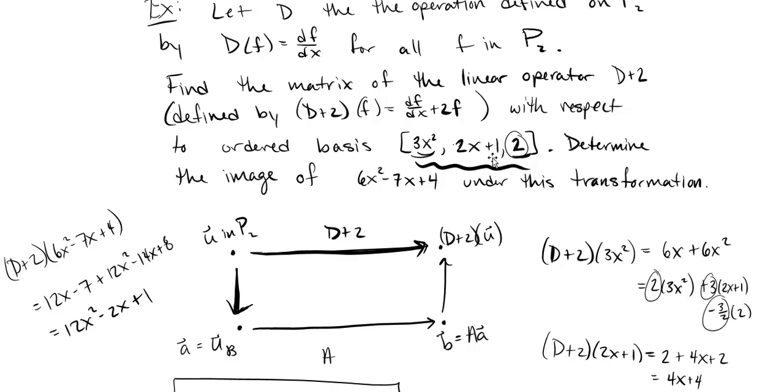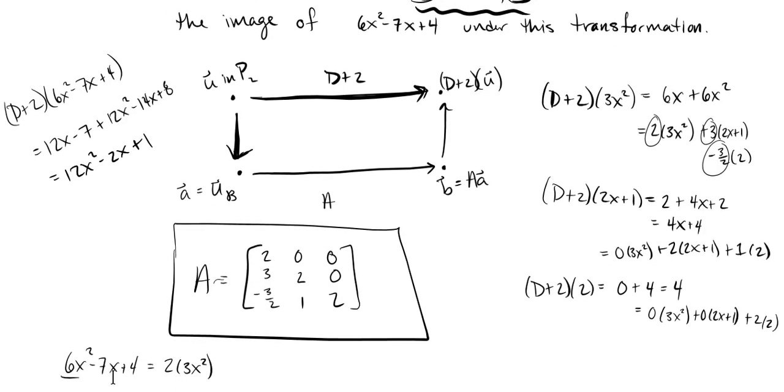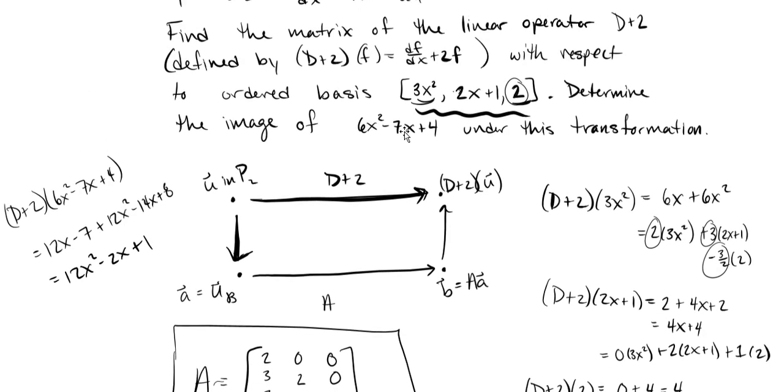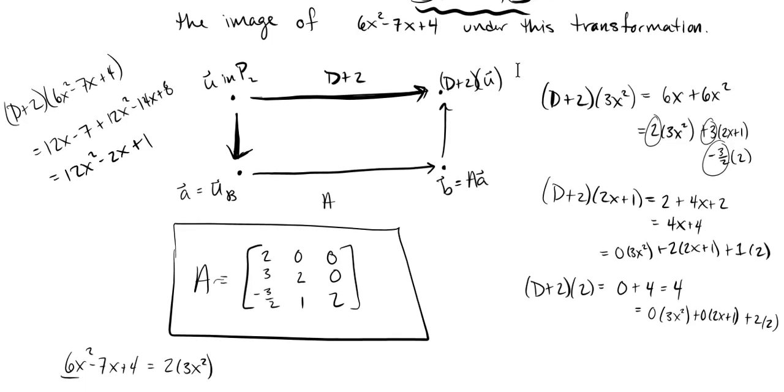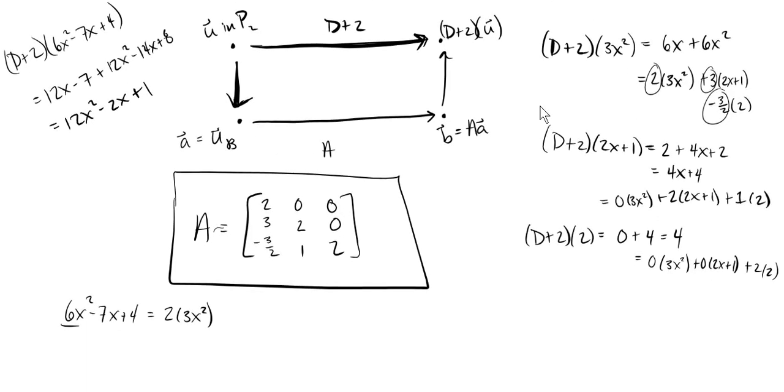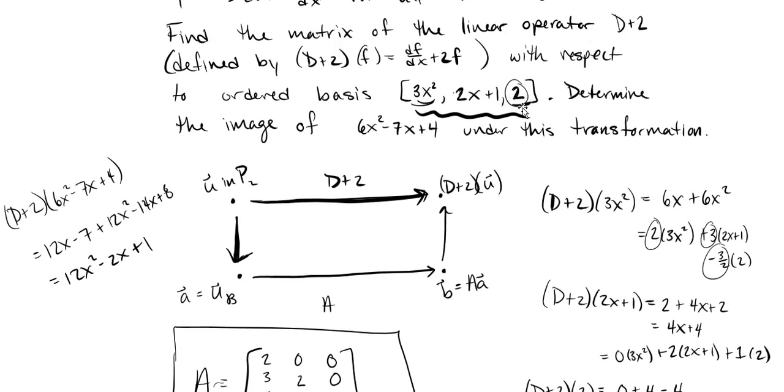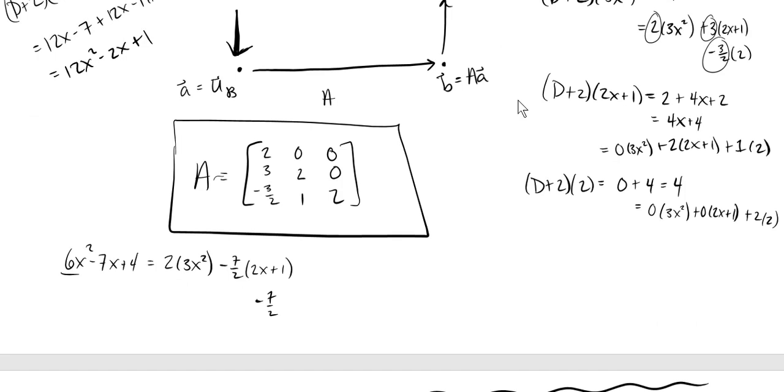If I want to make a negative 7x, I'm going to have to use this 2x plus 1 to do it. There's no other single powers of x available. So I'll take negative 7 halves of the 2x plus 1. That gives me a negative 7x, but it also gives me an extra negative 7 halves I don't want. I need to cancel that with something times the 2 here.